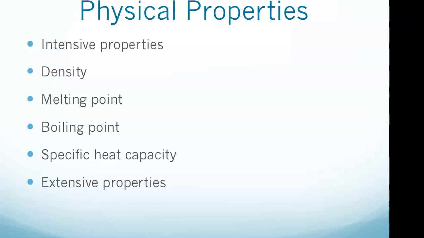Melting point, boiling point, and specific heat capacity are all intensive properties, with melting point being the temperature at which a substance changes from a solid to a liquid, and boiling point being the temperature at which a substance changes from a liquid to a gas.